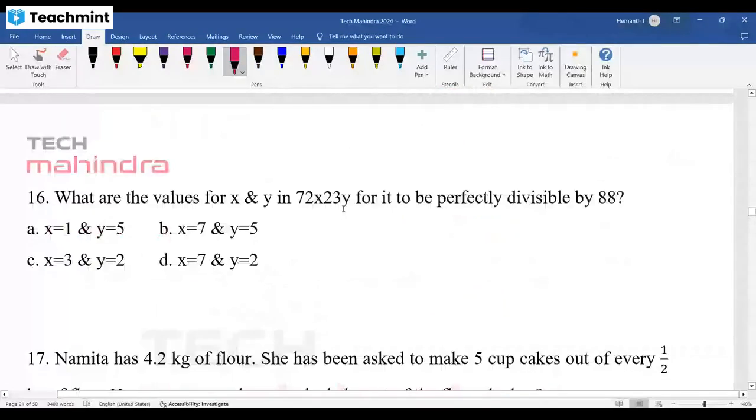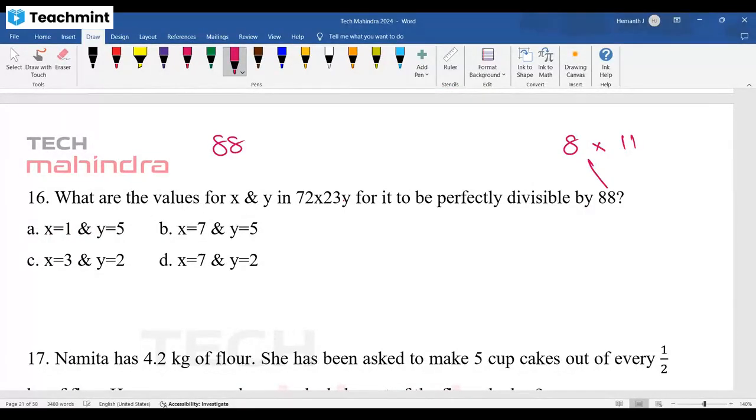See the next one. Divisible by 88 means it should be divided by 8 and 11, right? The given number is a prime number power, 2 cube into 11. So that's why we have to go with the 8 and 11 combination. For 8, the last 3 digits must be divisible. For the divisible by 8 rule, see the divisibility rules video which we shared.